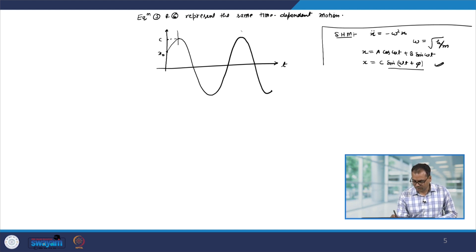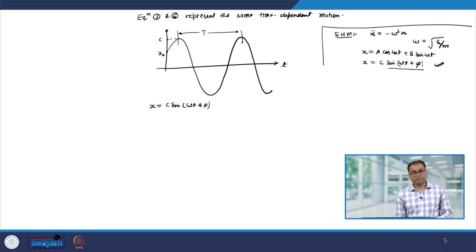Now, one complete oscillation is called the time period T, and let us find this time period T. We have x equal to c sin of omega t plus phi.